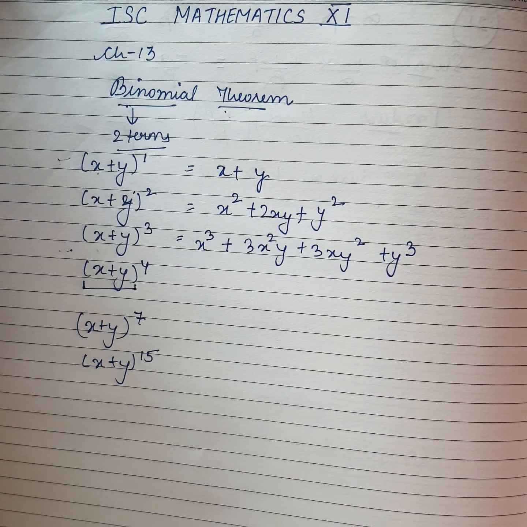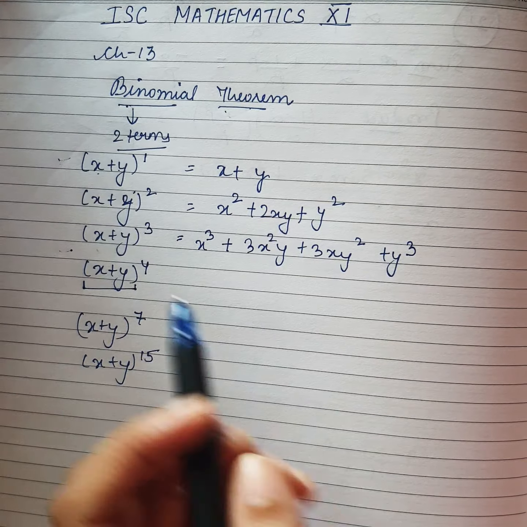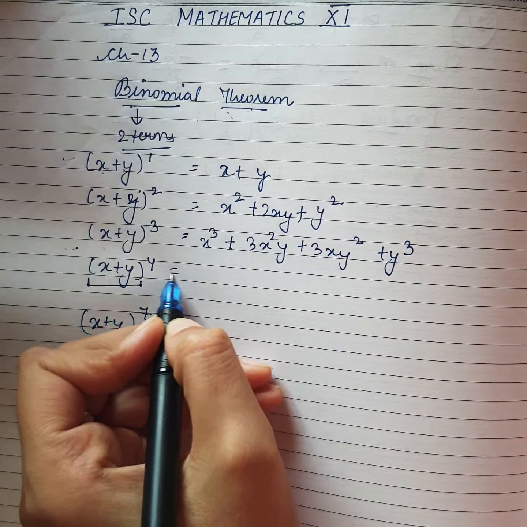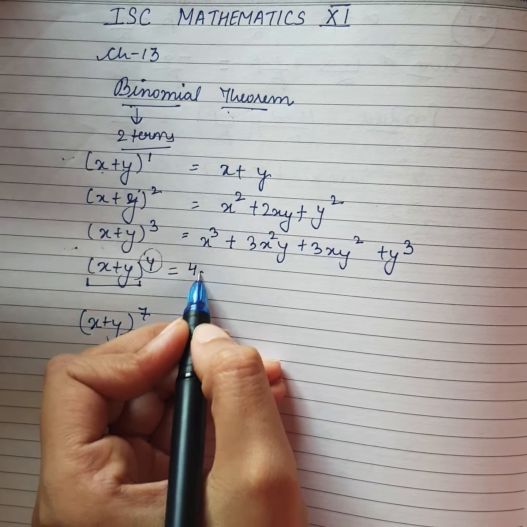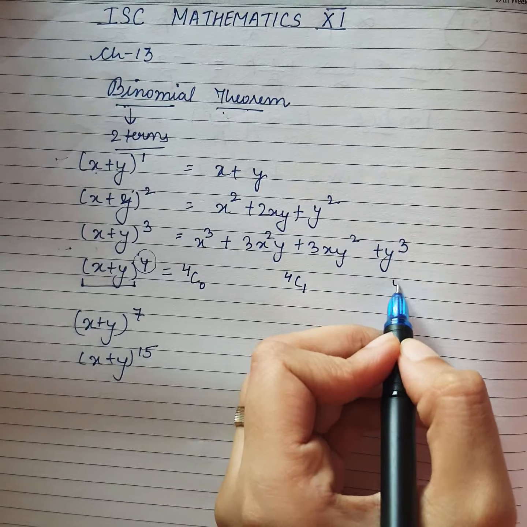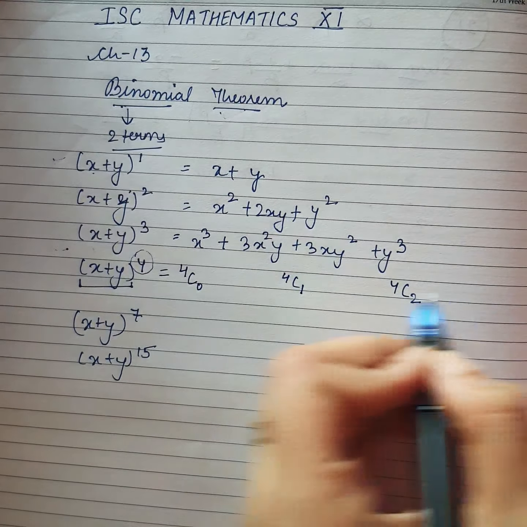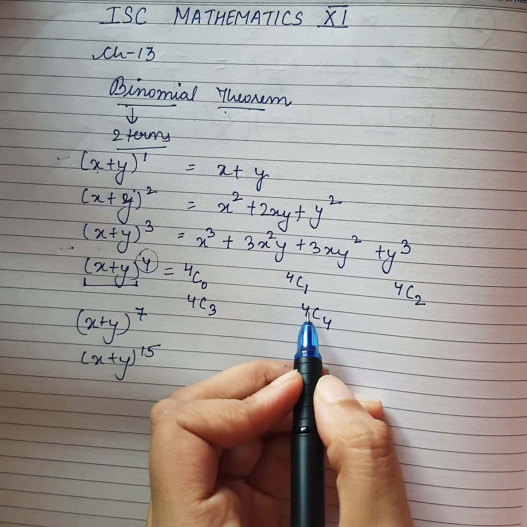Now, before we start deducing the identity, let us do it for a specific power, 4. We will start from 4C0, 4C1, 4C2, 4C3, 4C4.